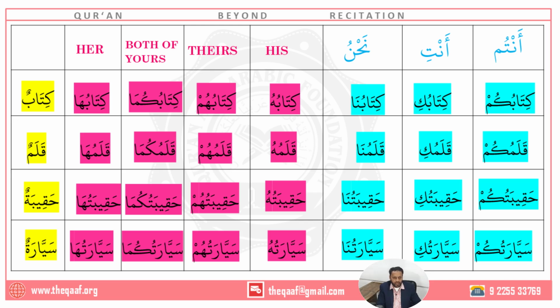Okay, last practice. Sayyaratun, car. Her car. Sayyaratuha. Both of yours car. No, not sayyaratuhu. Sayyaratukuma. Yes, both of yours car. Keep the person, number, gender in mind.